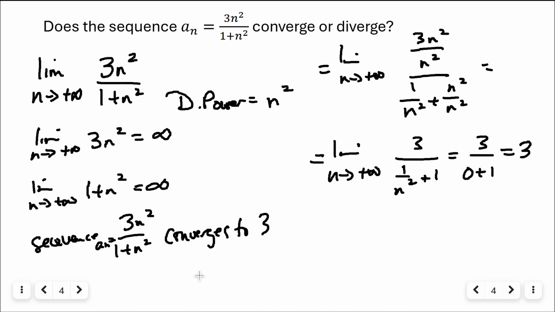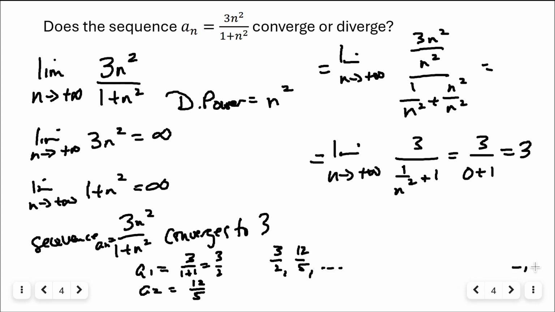What does that mean? Well, that means, again, you could start writing out terms in this sequence. If you put 1 in, you get 3 over 1 plus 1, so 3 over 2. If you put 2 in for n, you'd get 12 over 5, right? You could start listing terms if you want, but I don't care about the terms at the beginning. I want to know what the terms are like all the way out here at the very end, as far as you can go.